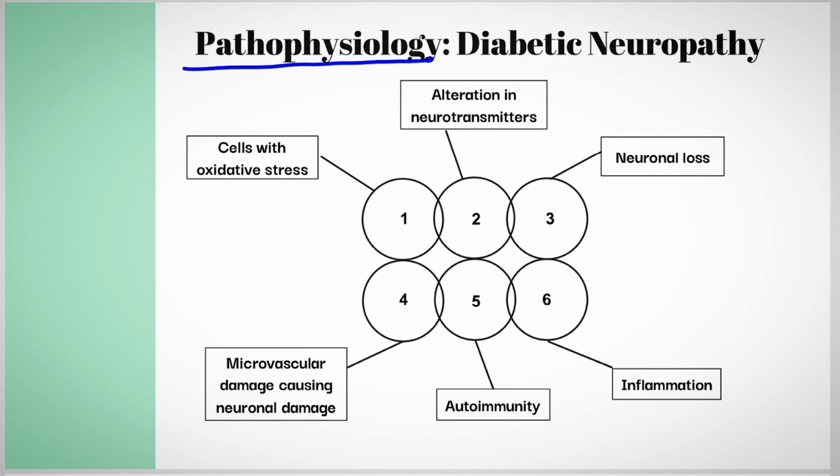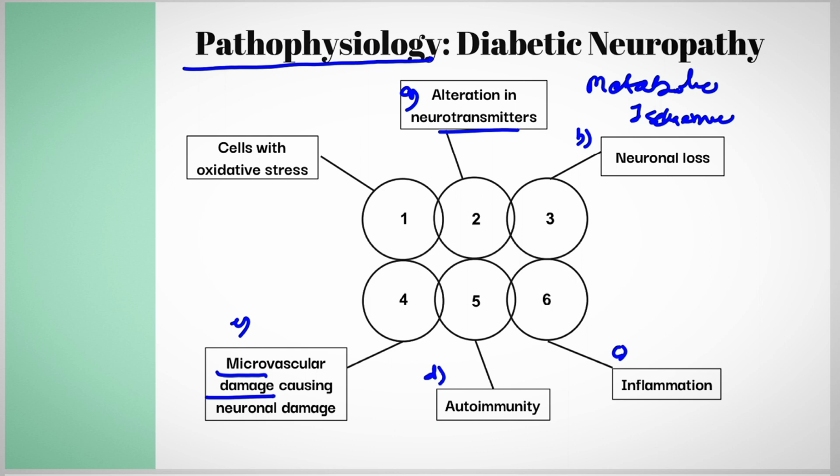In diabetic neuropathy, both metabolic as well as ischemic mechanisms can play an important role in its development. Such mechanisms can be alteration in neurotransmitters, neuronal loss, any associated inflammation, any autoimmunity, microvascular damage which can damage the neurons, and the presence of cells under oxidative stress.